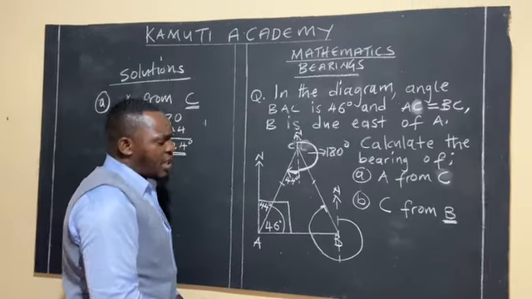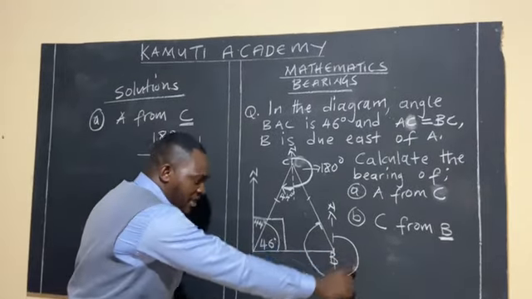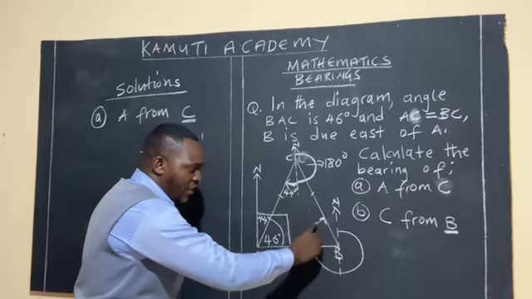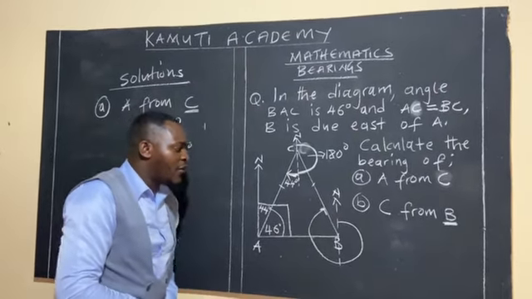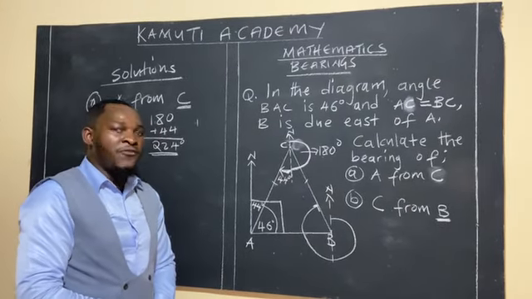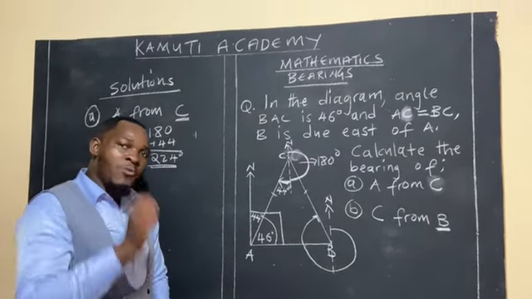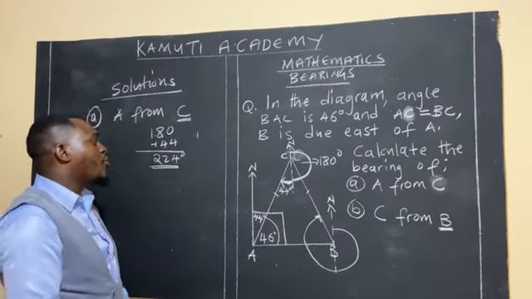All right. So our question now is to find the angle that we have created here. Now remember, in angles, there is what we call a complete revolution. Angles in a complete revolution add up to 360 degrees, meaning it's a complete circle.